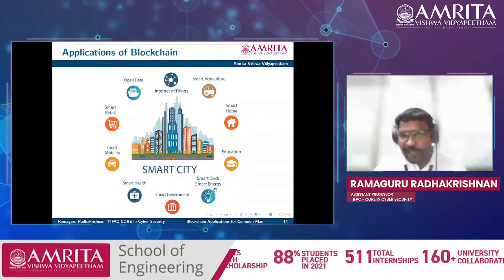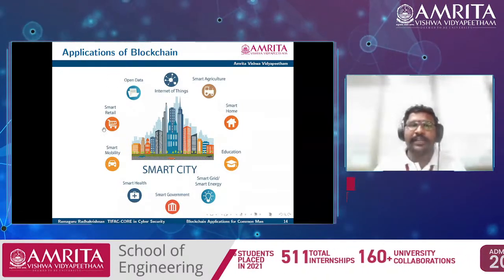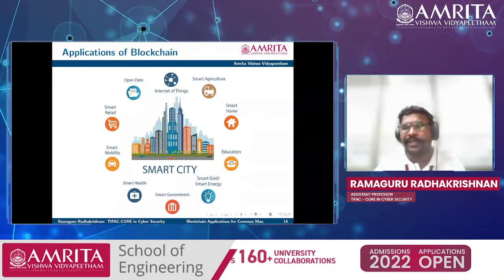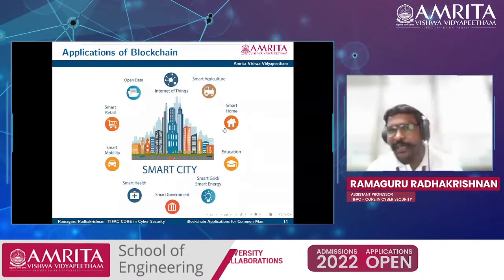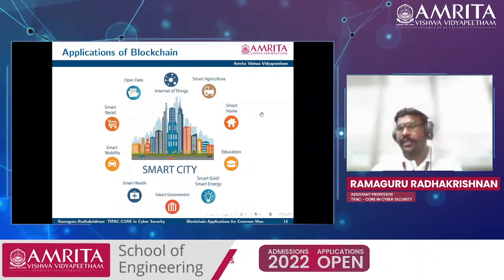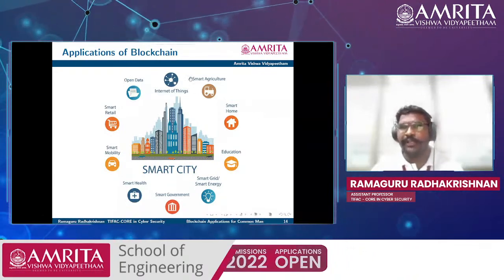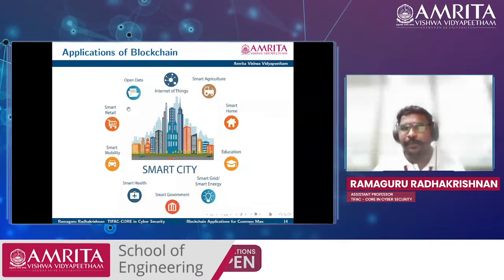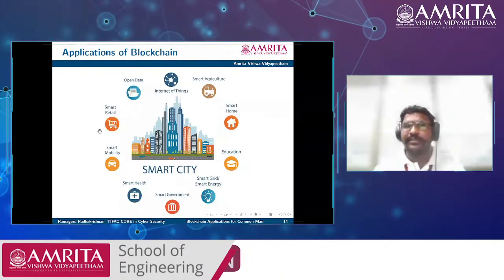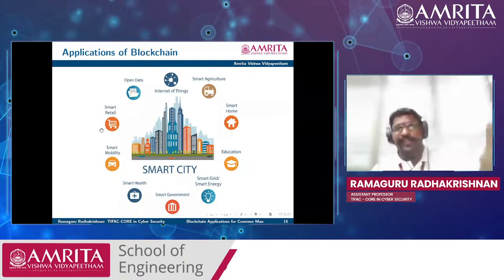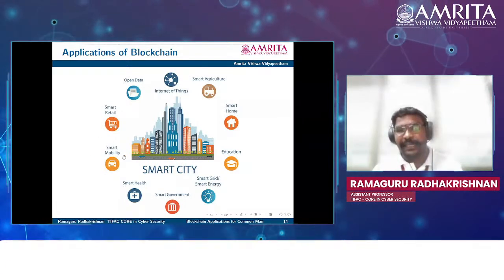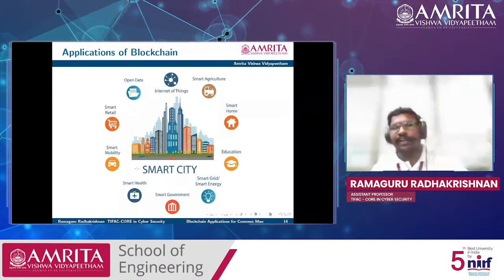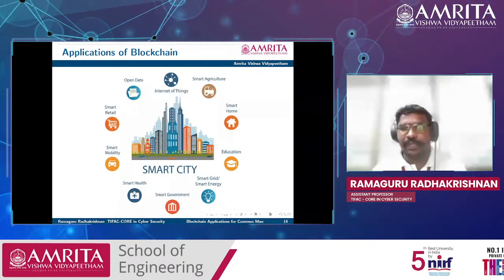So there is a lot of data, and you can see already there is a multiple stakeholder environment, right? Energy is from a different department, education is from a different department, and smart home has to do with the individual houses and organizations. Smart agriculture is again farmers and other people, and retailing again is a different set of stakeholders, right? Mobility is again bringing in vehicles and other non-living beings into the picture, right?